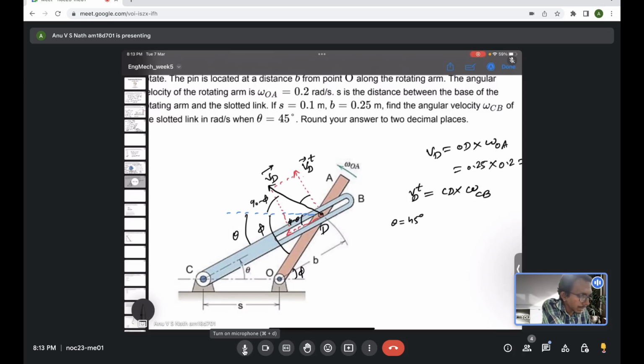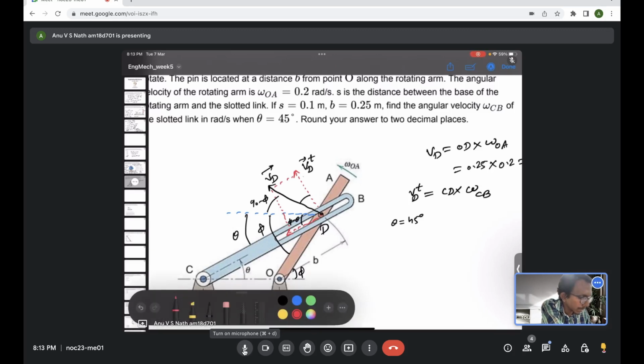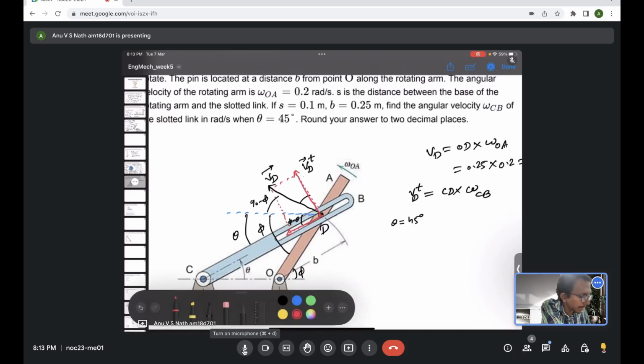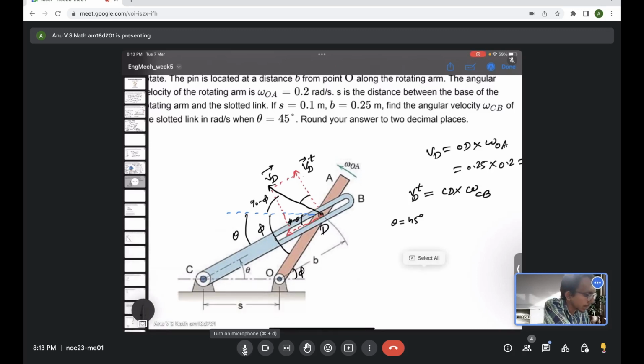Now consider the resolution of the vector VD along the red marked vectors, that is this 90 degrees. That 90 degrees constitutes phi minus theta, 90 minus phi, and an unknown.